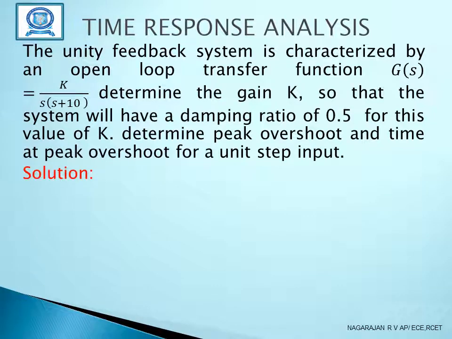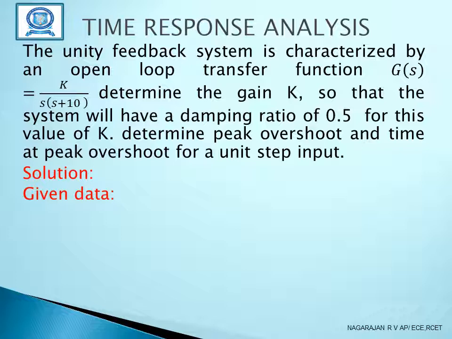Solution. First we need to understand the question, so first write the given data from this problem. Given data: it is a unity feedback system, and the open loop transfer function is given, that is G(s) is equal to K divided by s into (s plus 10), and also the damping ratio is 0.5.